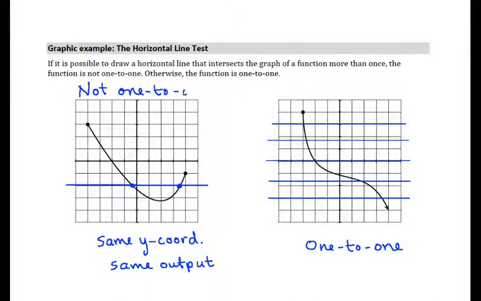Similarly, we would conclude that an inverse exists for the second function and that an inverse function does not exist for the first one.